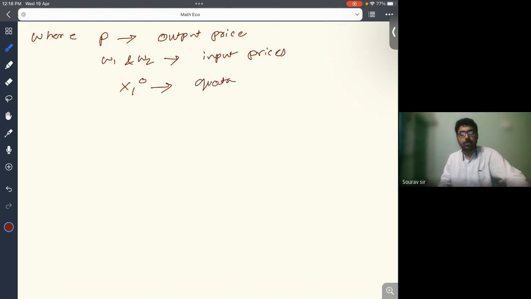Now we have to set up the Lagrangian for this problem.